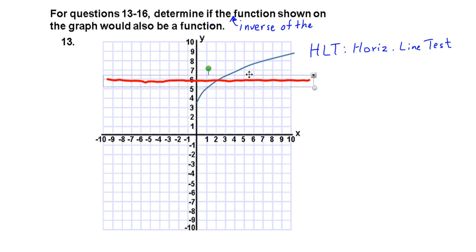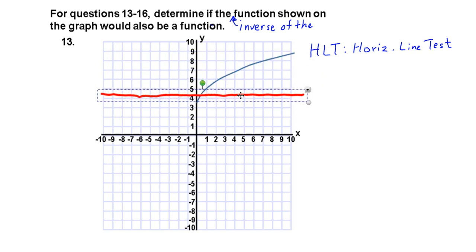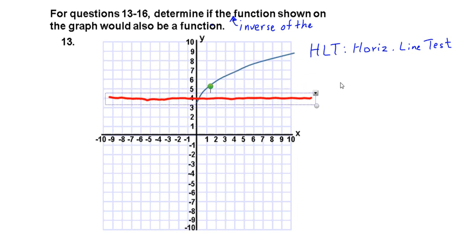You can see that this red line only touches the curve, which looks kind of like a square root function, only once. So yes, we'll say yes. And why? One reason is that it passes the horizontal line test. Okay, next.